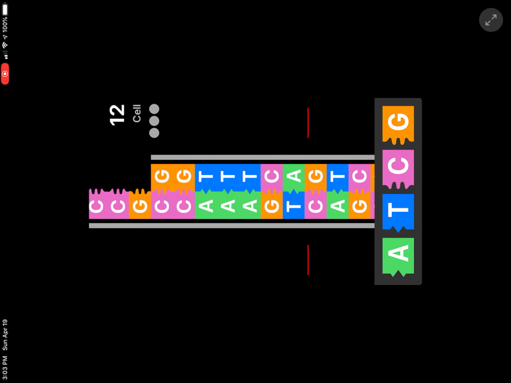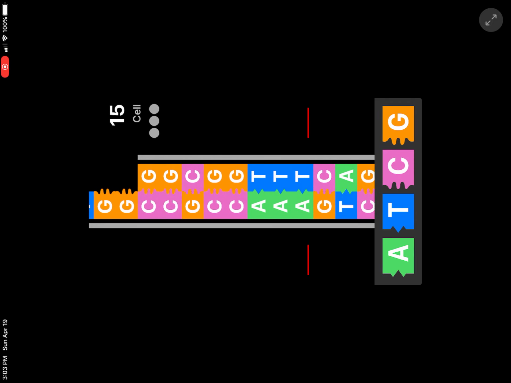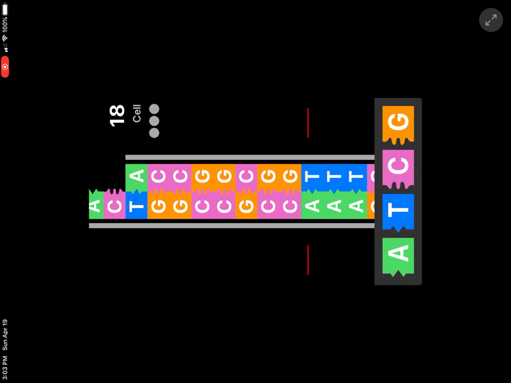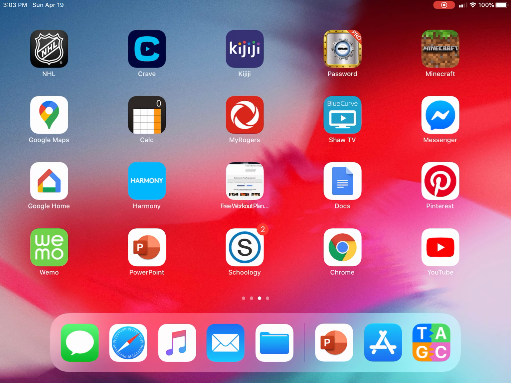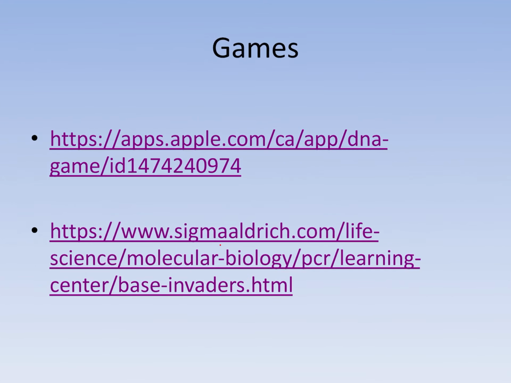T, T, T, G, G. And you would keep on going. Now, if you get the wrong 3 in a row, you terminate, because you can only have up to 3 mutations before things won't work. But there's that. You can take a look at that.